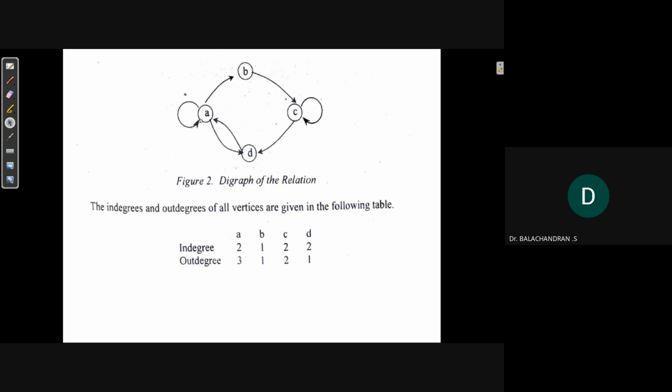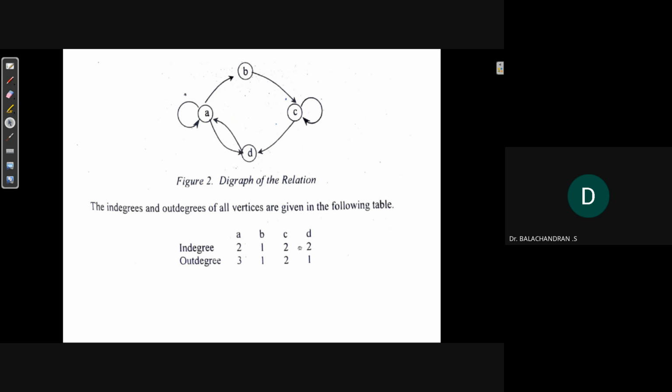For A, the in-degree is 1 plus 1, 2. Next B, in-degree only 1. C, in-degree 1 and this self loop, 2. For D, in-degree 1 from here, so 1 plus 1, 2.